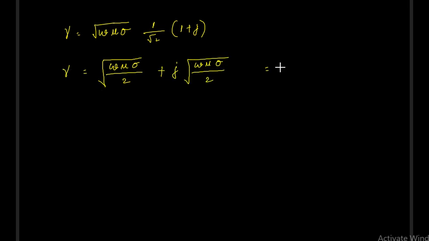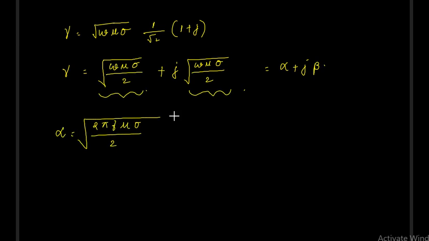Compare this to alpha plus j beta: this term is alpha and this term is beta. So alpha is the square root of omega mu sigma by 2, where omega is 2 pi f, and the 2 gets cancelled. Similarly, beta is the square root of omega mu sigma by 2, and the 2 gets cancelled.